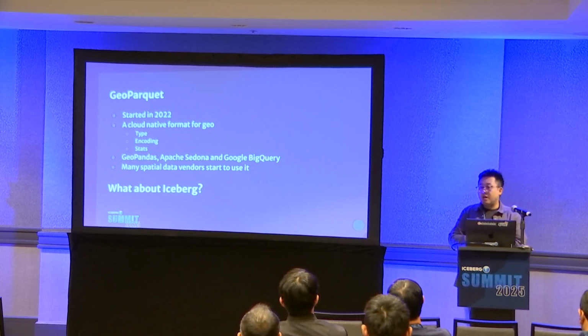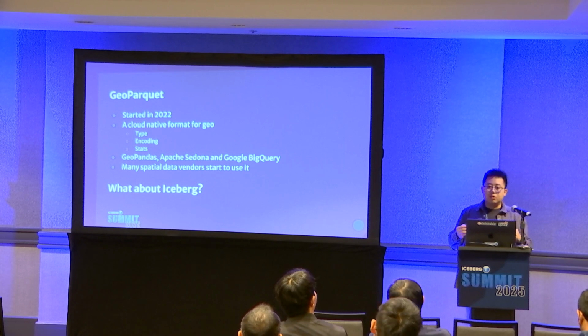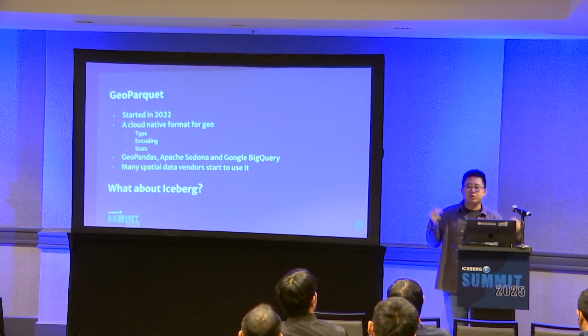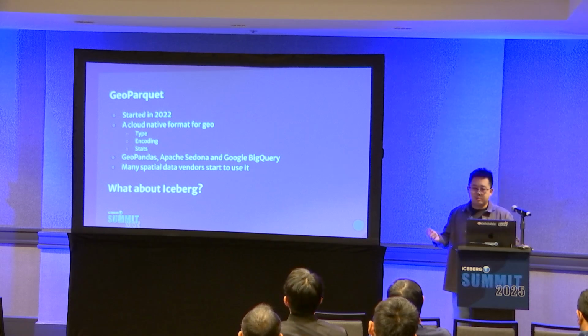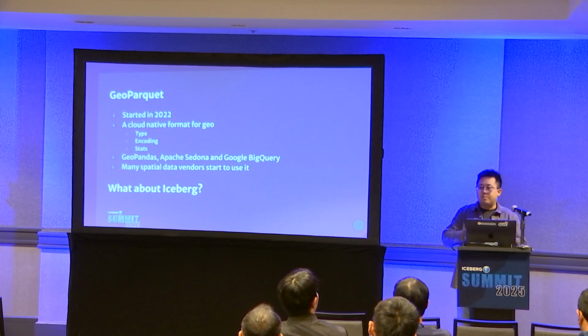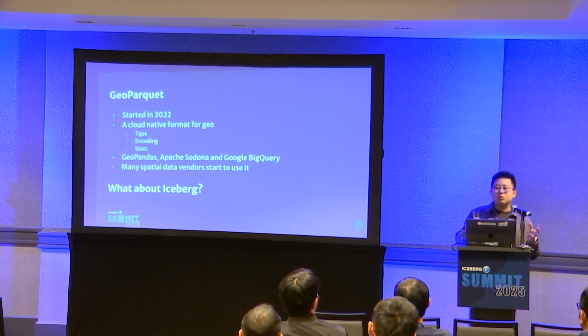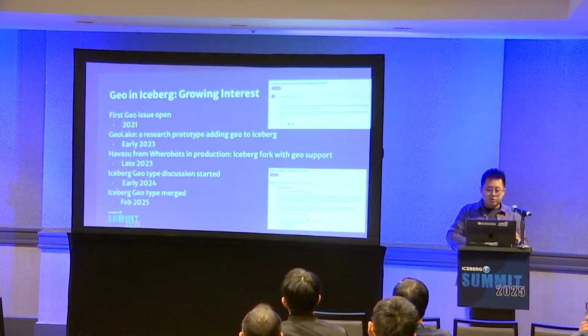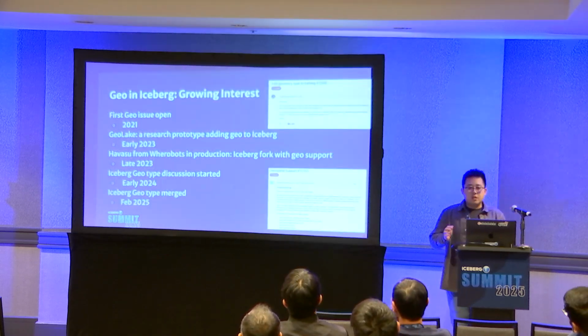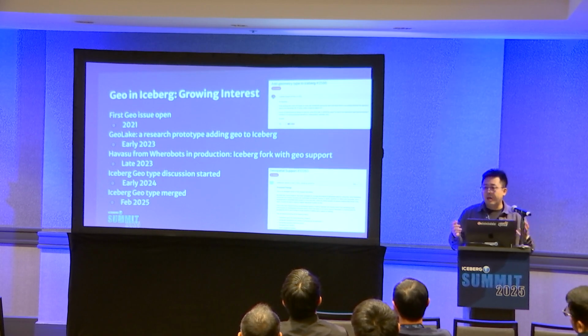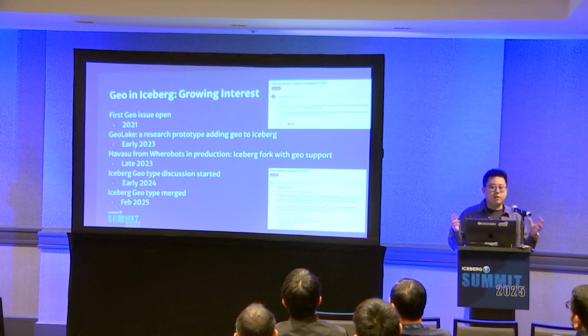And now the question is, okay, Parquet has sort of geo support, so what about Iceberg? How can we leverage the power of Iceberg to support data lakes, transactions, all this cool stuff? Actually, interest in supporting geo in Iceberg has been increasing in the past few years.